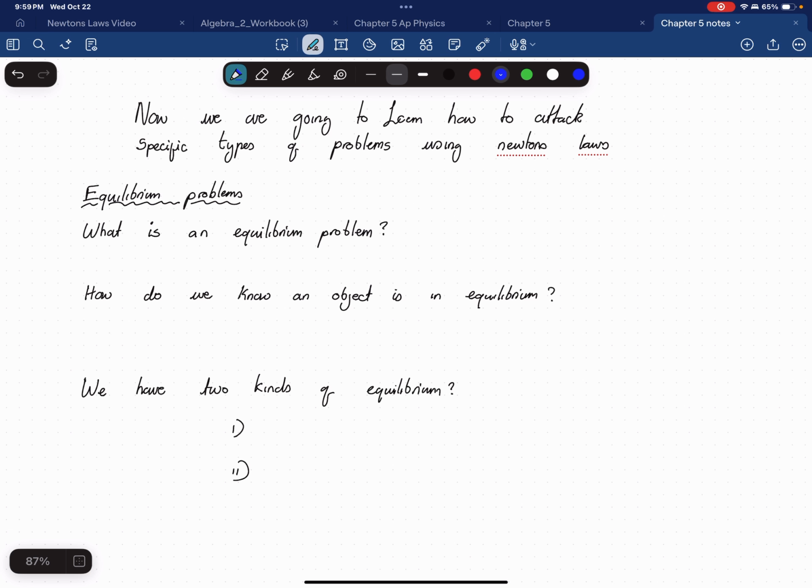So, this is a problem where an object is in equilibrium. I know this is not a complete definition, but hold on, just let me do my thing. So, a problem where an object is in equilibrium. How do we know an object is in equilibrium?